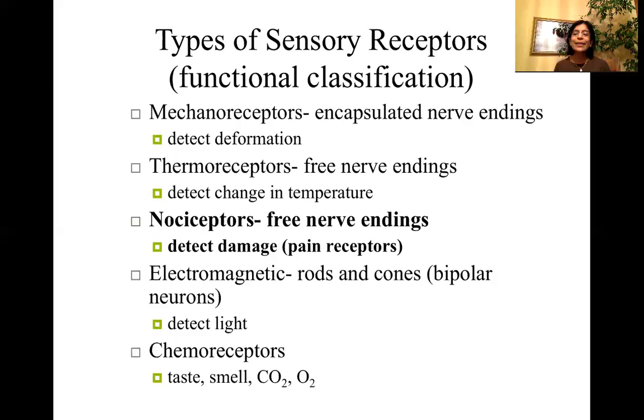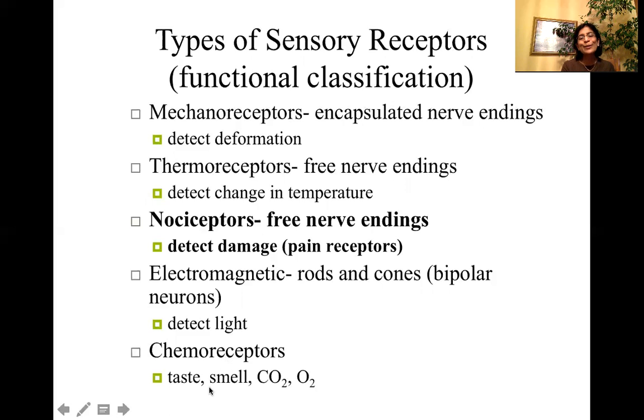Okay, now the electromagnetic type of receptors, they are the photoreceptors, rods and cones. They detect photo energy or light. Chemoreceptors detect chemical changes. Olfactory cells or olfactory receptors detect molecules that are present in the air, which ultimately dissolve in the mucus.